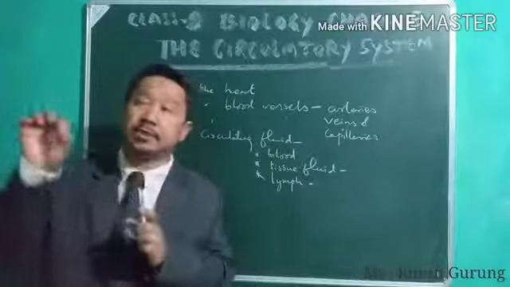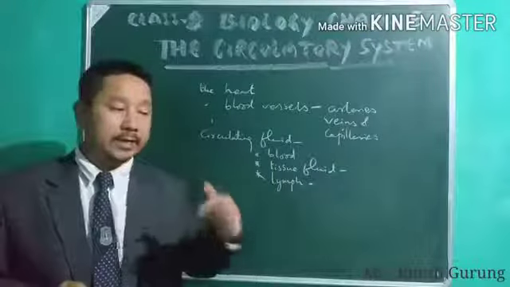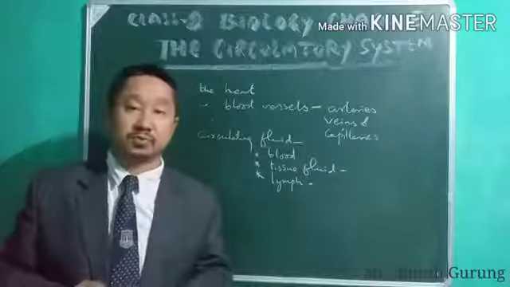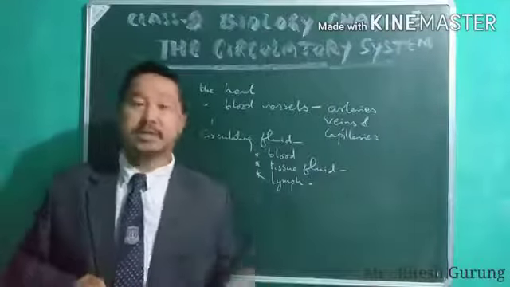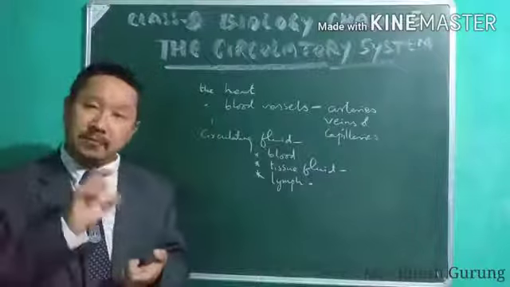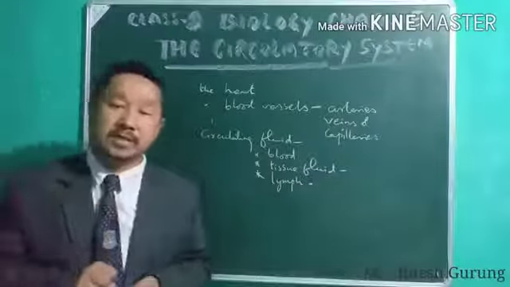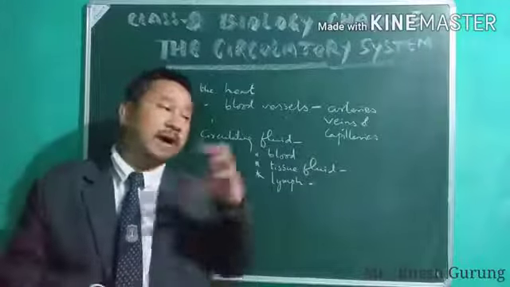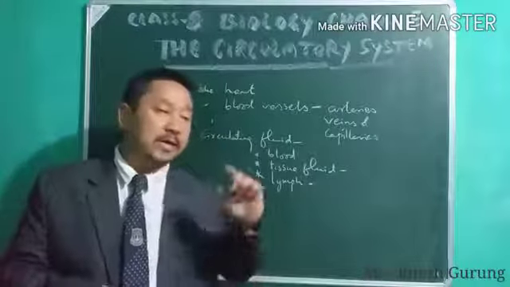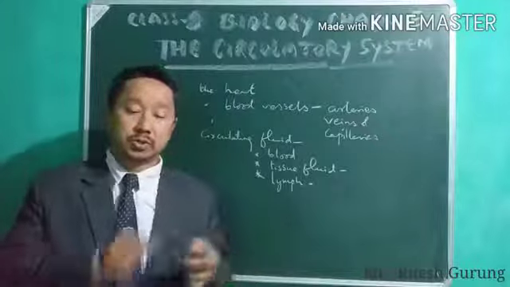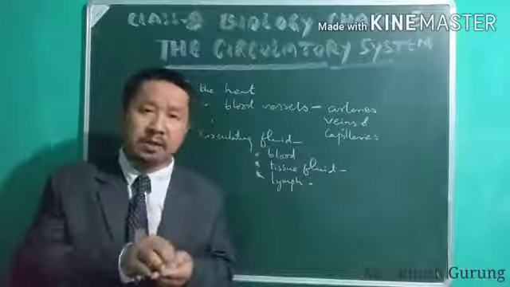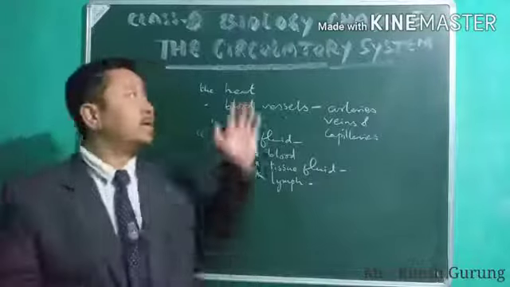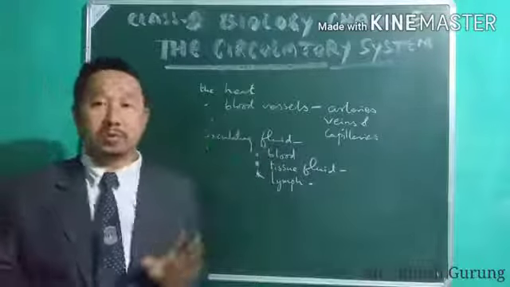It is taken to the cells where it is utilized for oxidizing the food to release energy, which is called respiration. After respiration, carbon dioxide is collected by hemoglobin and brought back to the lungs, and from the lungs it is thrown out. This taking from lungs to the cells and from cells to the lungs and out is again done by the circulatory system.